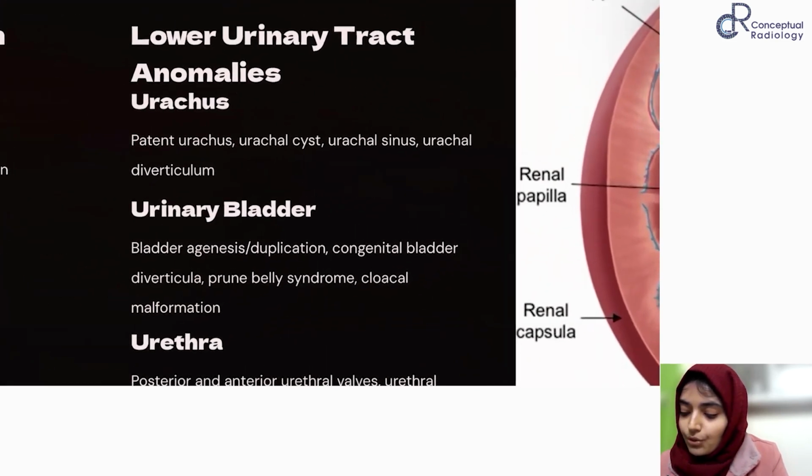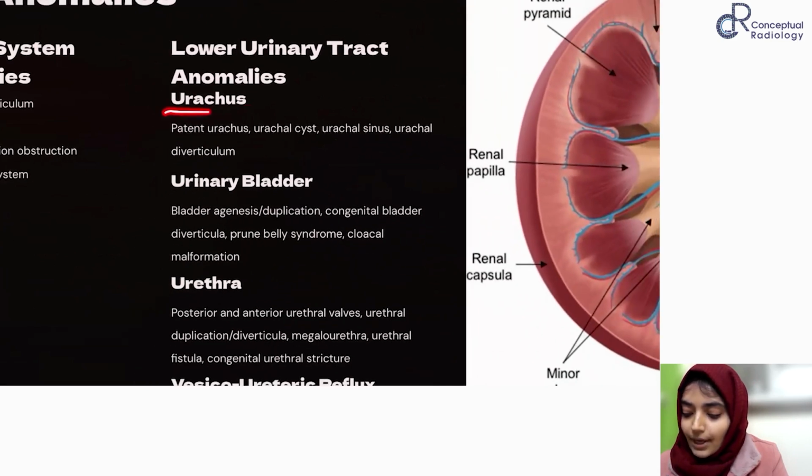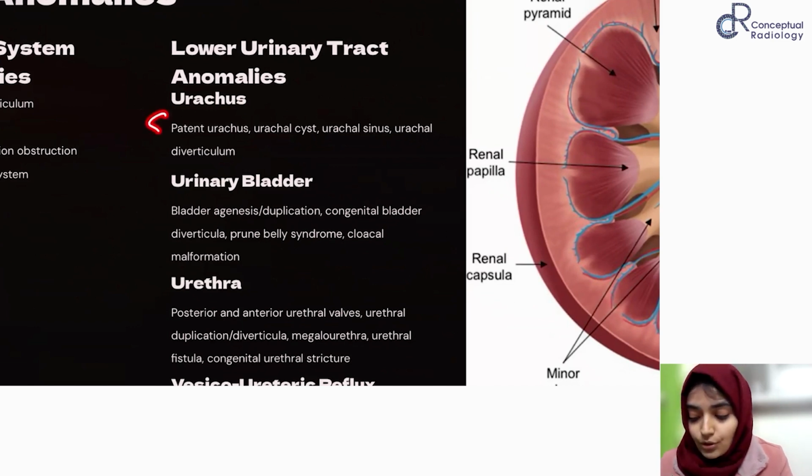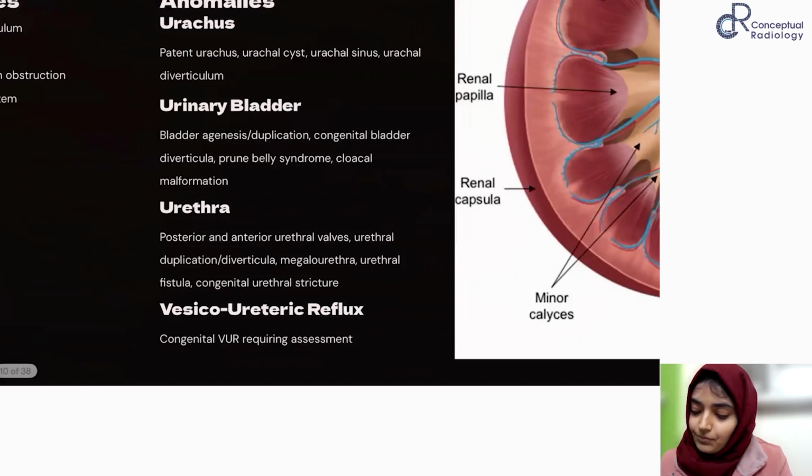Then we have lower urinary tract anomalies related to the urachus, such as a patent urachus, urachal cyst, urachal sinus, and diverticulum. Okay, so once in a while when we get these small pediatric patients, we do get some of the urachal anomalies also. So these are also relevant for our day-to-day reporting.